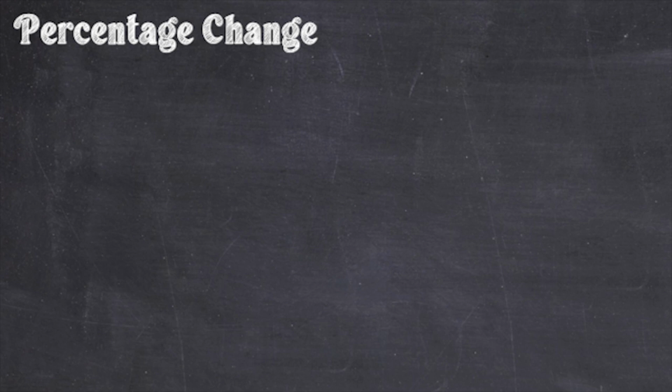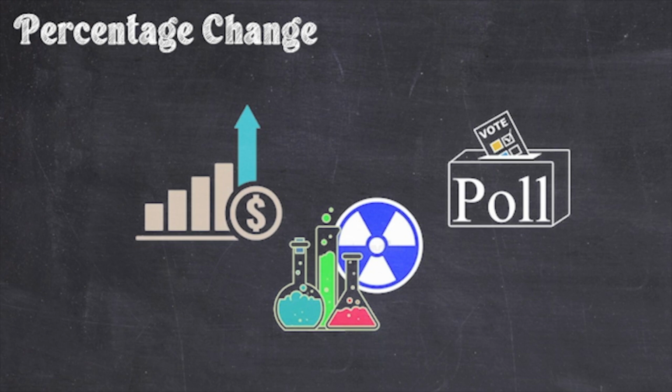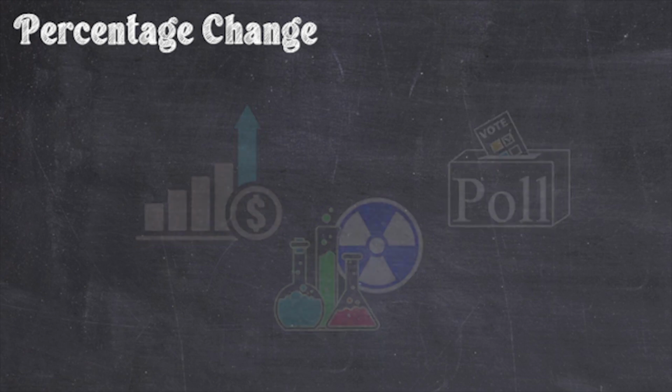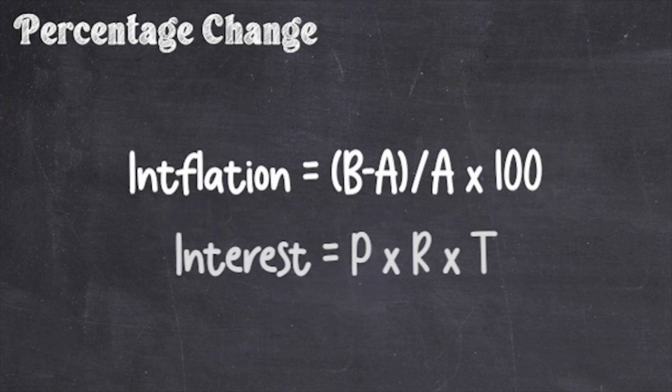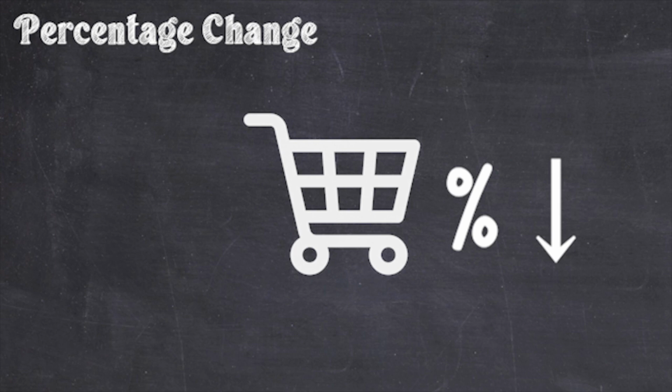Percentage increases and decreases can be used in math and science, and also in various walks of life. They are used to calculate inflation rates or the interest rate at a bank. When we go shopping, sales on products indicate a percentage decrease on the original cost.